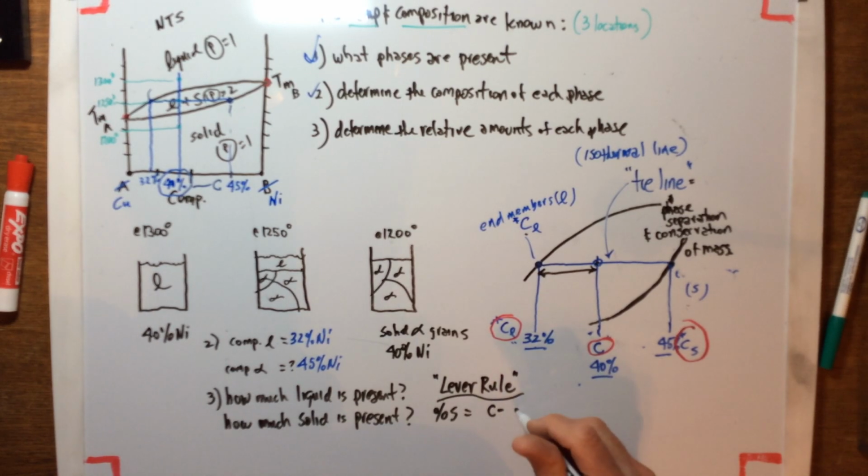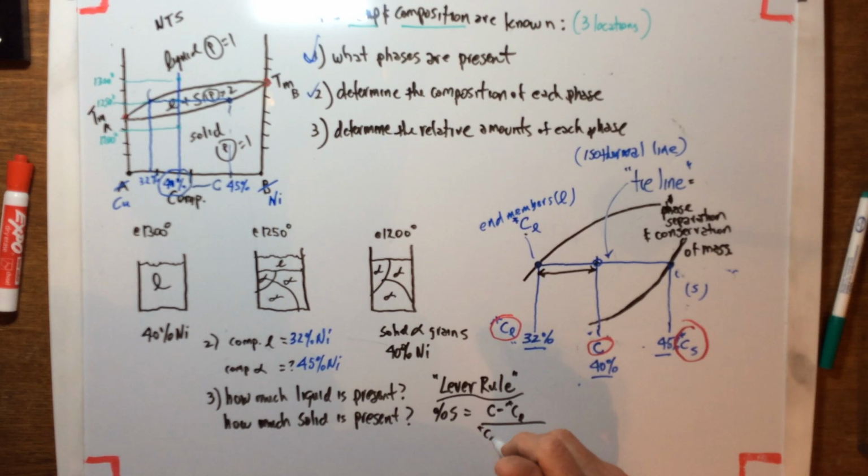So it would be C minus C star L over the entire length, which would be, again, C star L minus C star S, times 100.